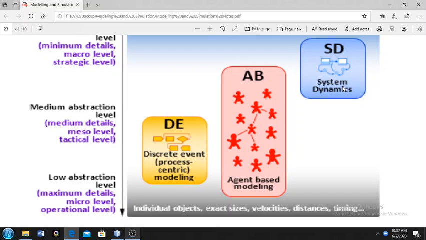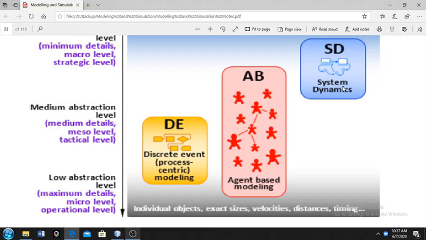For not very high abstraction, like business processes, transportation, and all these, you can use discrete event modeling. It tells you which method to use, but it's up to you to understand the level of abstraction and then decide.